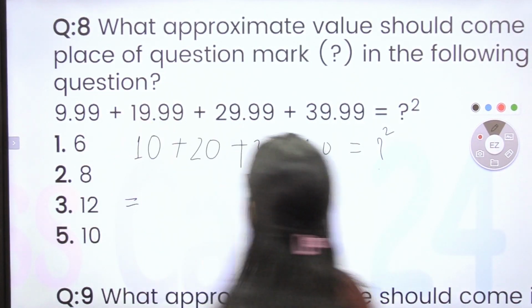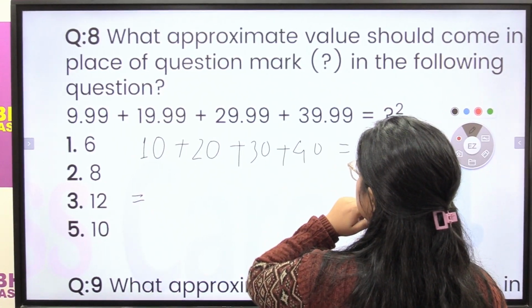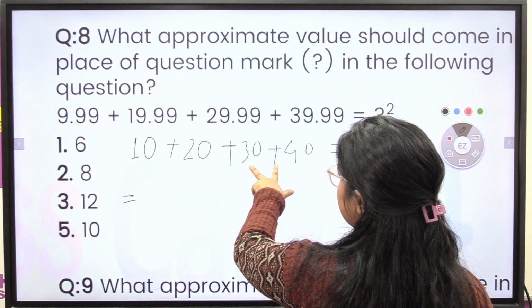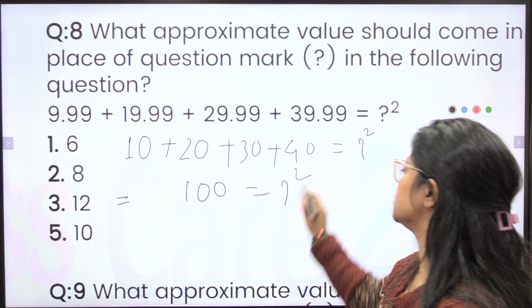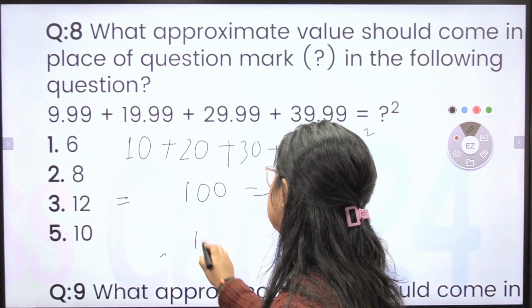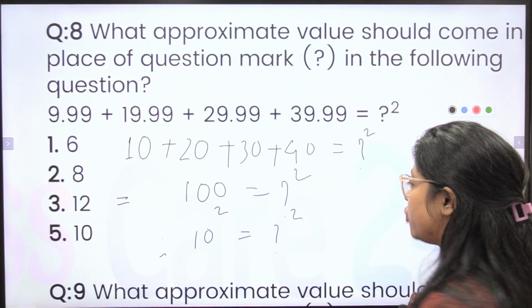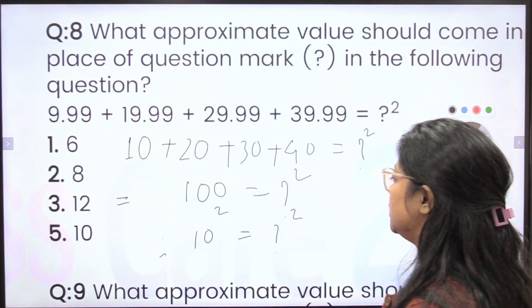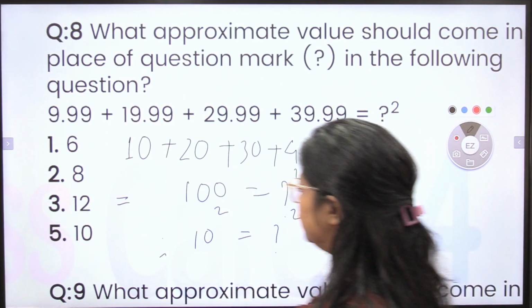So what is the value here? Let's do the addition. So 30, 40, 70, 30, 100. 100 is equal to question mark square. So 100 is what? 10 square. Again, surds and indices formula. So from here 10 square is equal to question mark square. So it will give you the value 10.